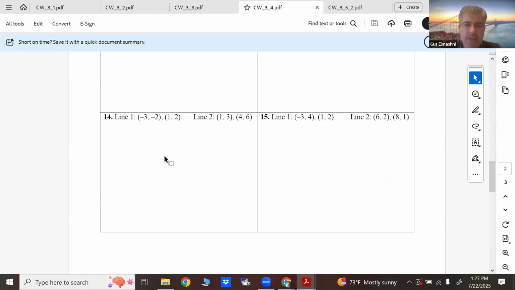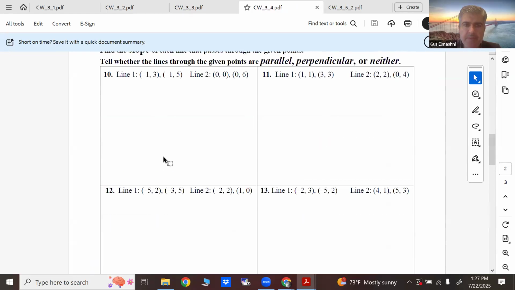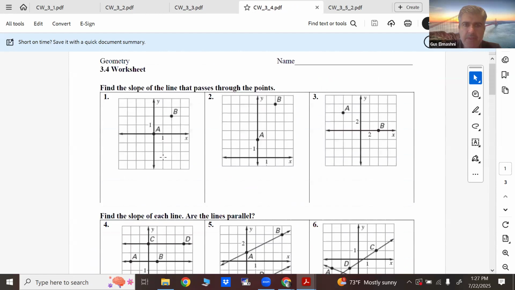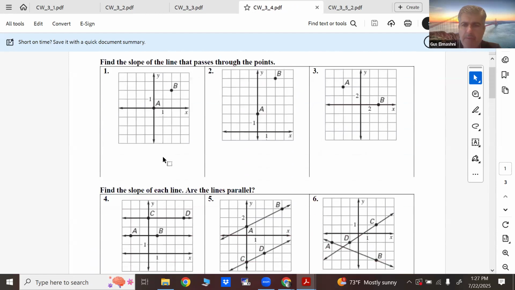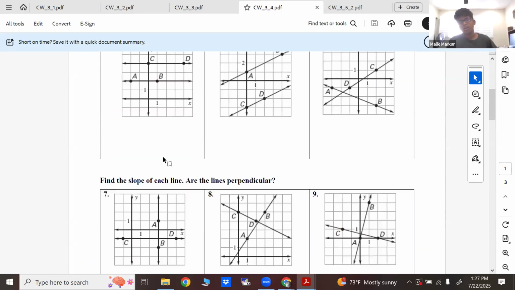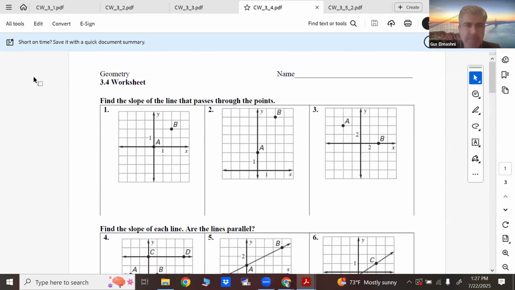Here we're talking about slope. Good review of algebra one. Remember, two lines of the same slope are parallel, and perpendicular lines have to have negative reciprocal slopes. So here I go up 2 over 2, so slope of 1. Here I go up 4 over 2.